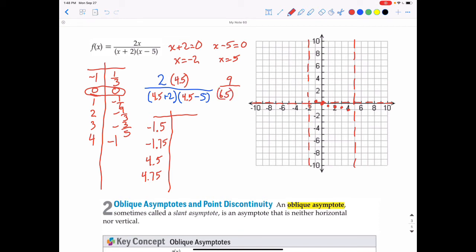And 4.5 minus 5 is negative 0.5. So that would give us 9 over negative 3.25, and 9 divided by negative 3.25 is approximately equal to negative 2.77. And then we will do that with the rest of those points that we chose, and then the rest of those points would look like this.